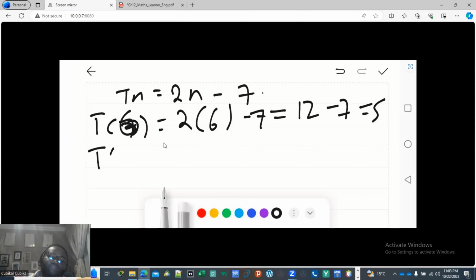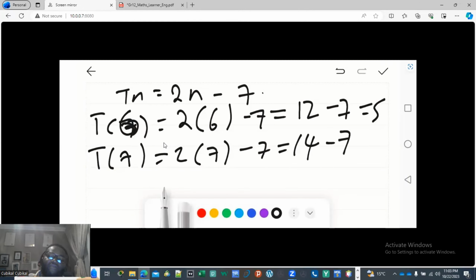So term number 7 is going to be 2 times 7 minus 7. We're going to get 14 minus 7. We're going to get 7, which is correct. When you say 7 minus 5, we're getting the common difference, which is 2.